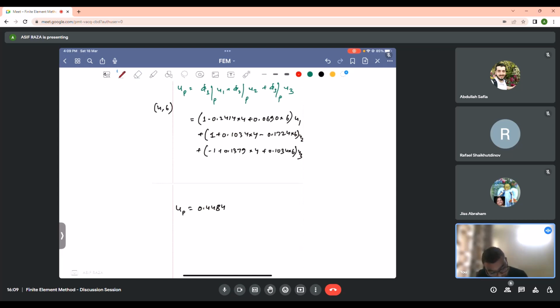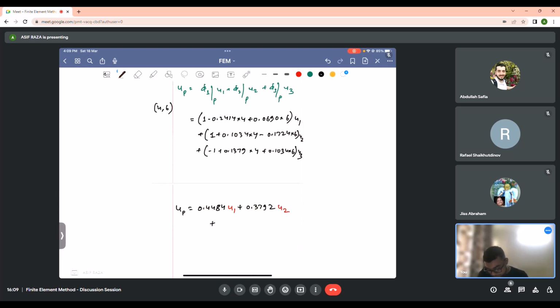Then 1 plus 0.1034 times 4 minus 0.1724 times 6 is 0.3792 u2.